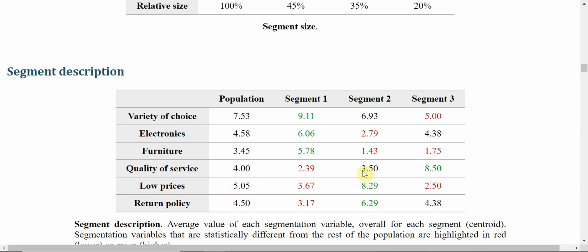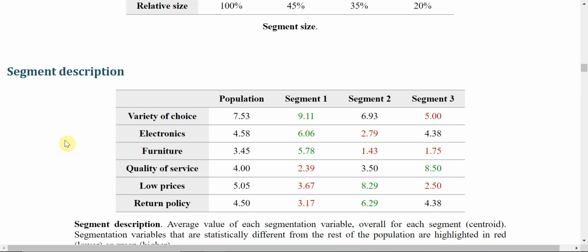So they are sensitive to prices, and because we have a strength in lowering prices, we can target them and sell our products easily. What if the company has strength in electronic units? Then we need to find a segment which rated electronics higher than other groups, segment number 1.